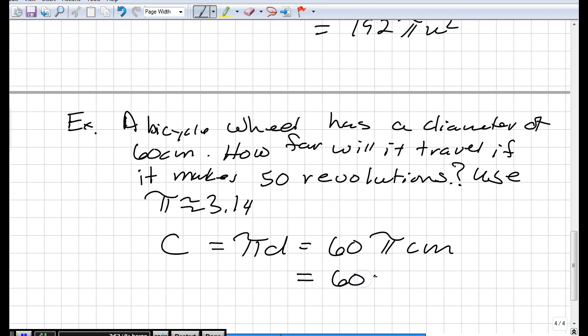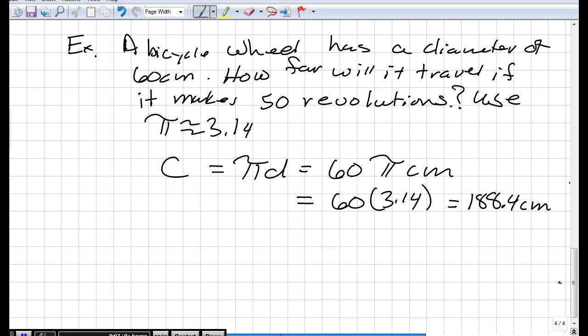So 60 times 3.14 gives us 188.4 centimeters. Okay? And so the distance it travels, it goes around 50 times. So it travels this distance 50 times.